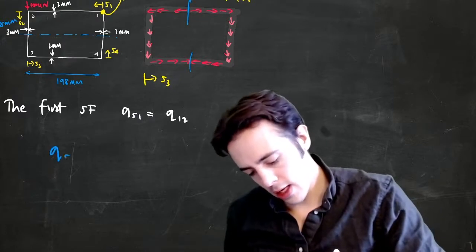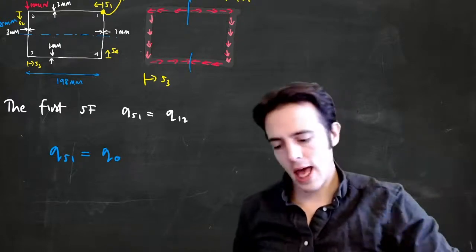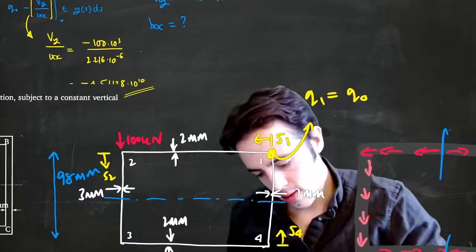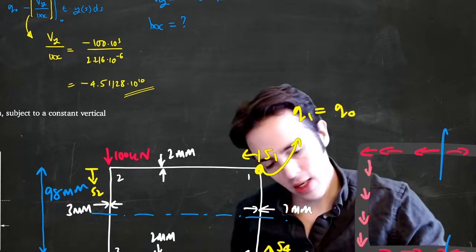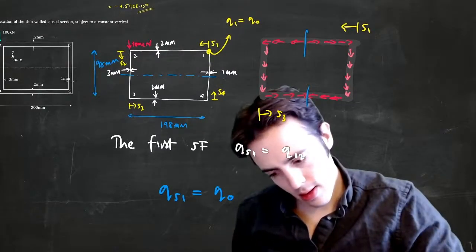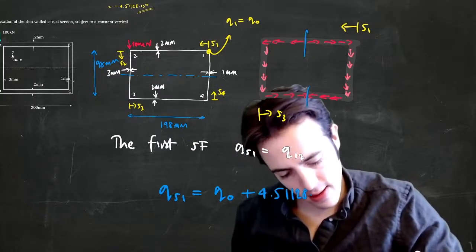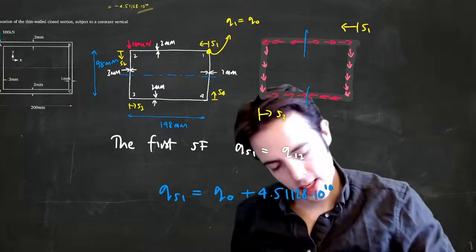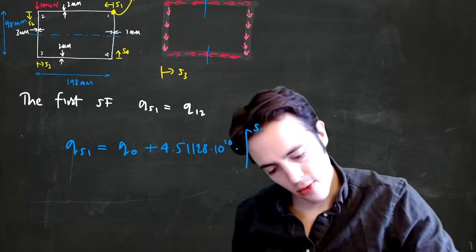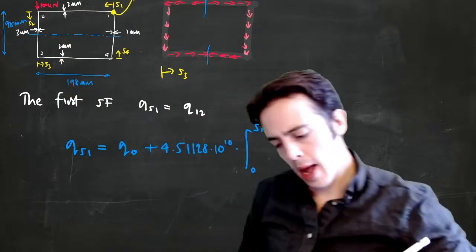We'll say QS1 is equal to Q0, and we do the minus Vy on Ixx, and we've got a number for that now. It's 4.51128 times 10 to the 10, and then we've got the integral from S1 to 0 of the thickness as a function of S, which for this is just a constant of 2 millimeters.